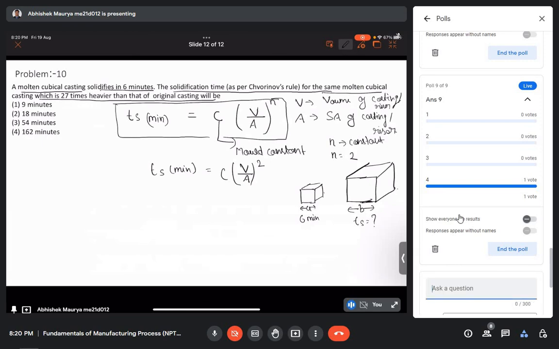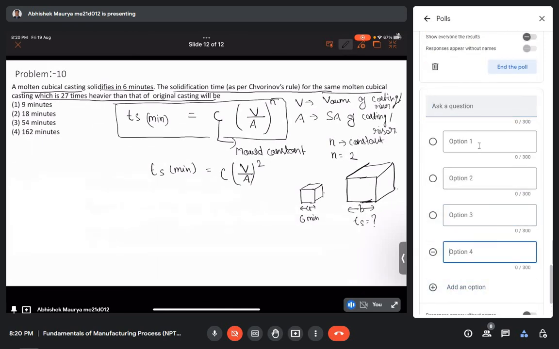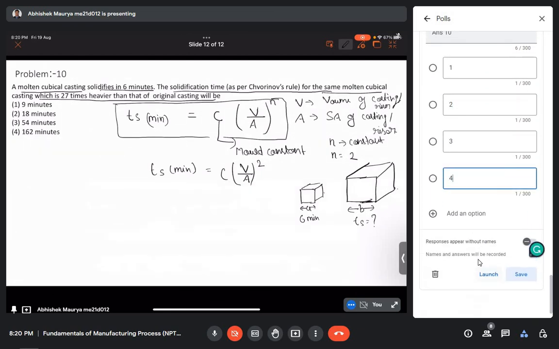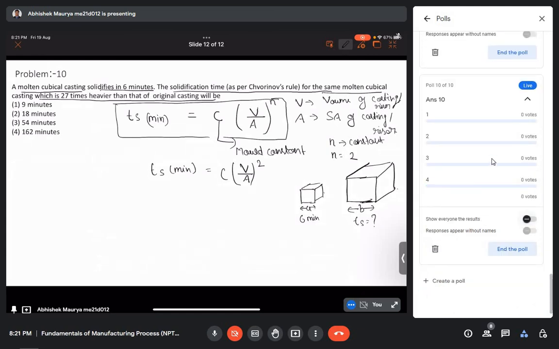I am creating the polls. I have launched the polls. Please calculate it and give your answer in the polling section. After that we will solve it together.